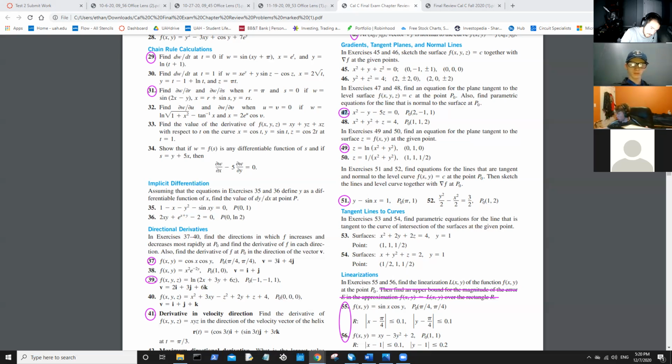So the gradient of f(x, y, z) is 2x i plus x squared minus 5z j plus x squared minus y k, evaluated at (2, -1, 1).